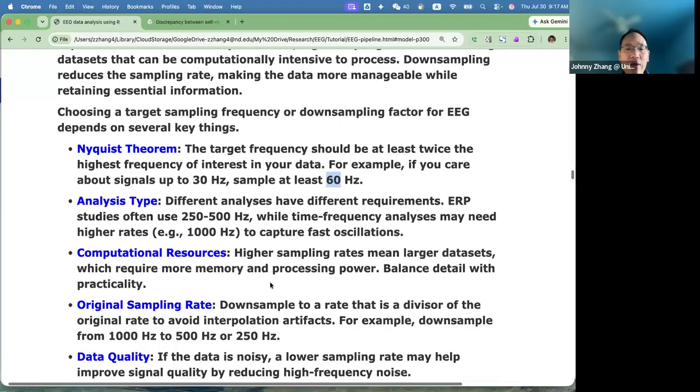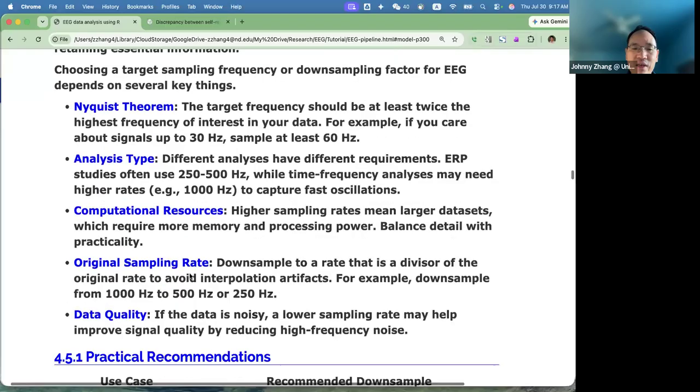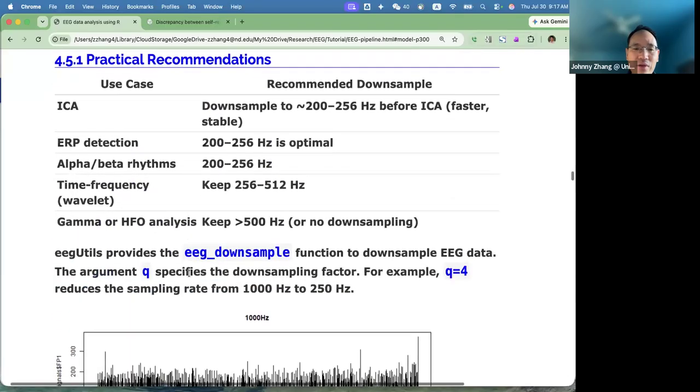In our original data, we have a sampling rate of 1,000. Suppose we want to downsample our data to have a sample rate of 250. In this case, we will downsample our data by a factor of 4. We can do that in R directly.